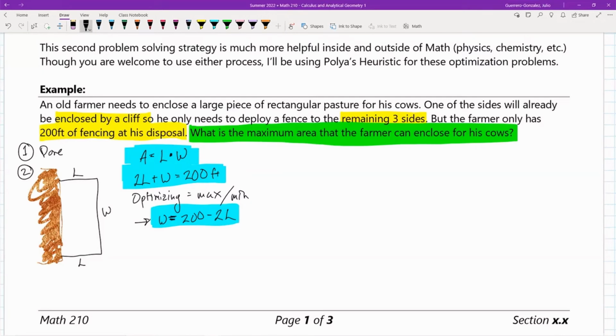Now that we have this, we have a plan that we need to follow. We want to optimize our area based off of this constraint that's right here. That's been rewritten. Okay.